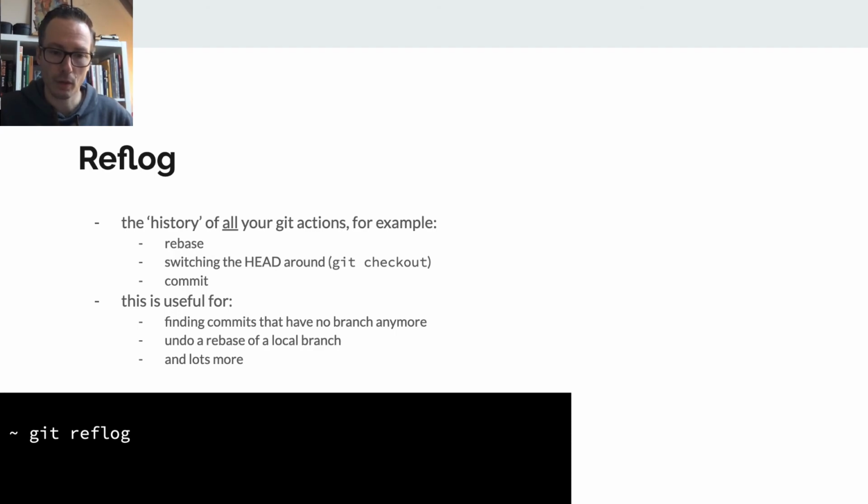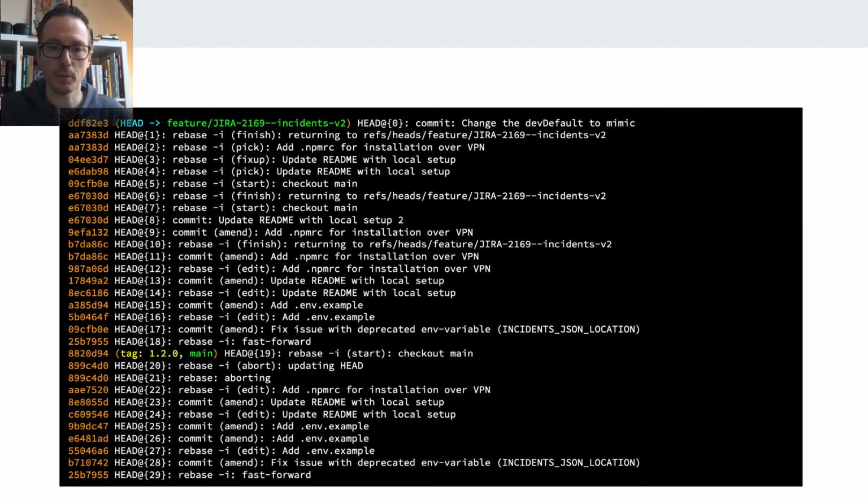Let me give you two quick examples of what the reflog looks like. If you type git reflog, you'll see a long list starting from now and going back in time. Here you see I rebased interactively a couple of times, and what I did: I picked a commit, I did a fixup, I did some regular commits.